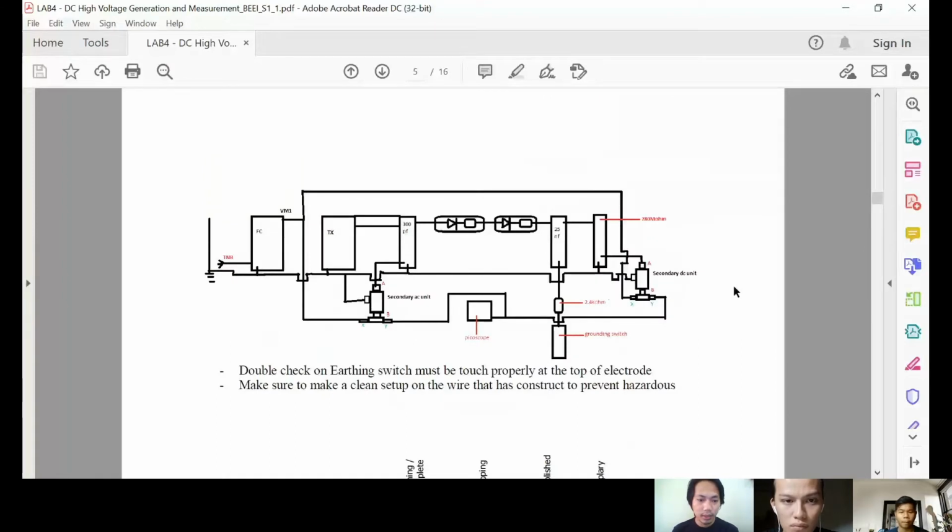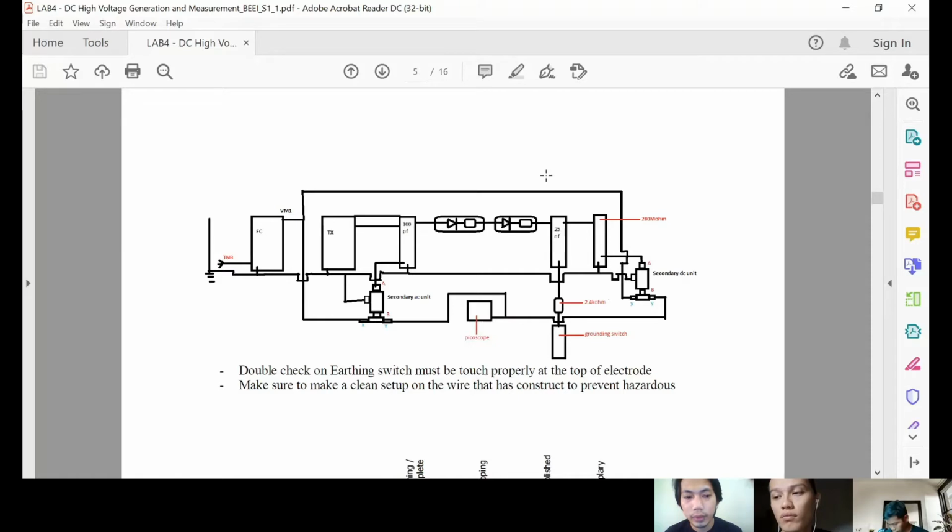This is the schematic diagram combining the AC and DC. Same as the previous lab, we have the FC, the transformer and the capacitor. After the 100 picofarad, you can see the system is a little bit different.